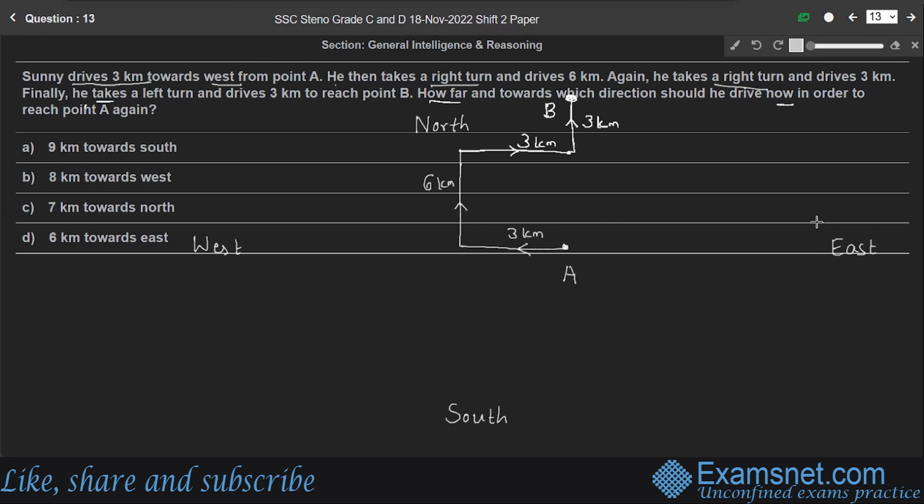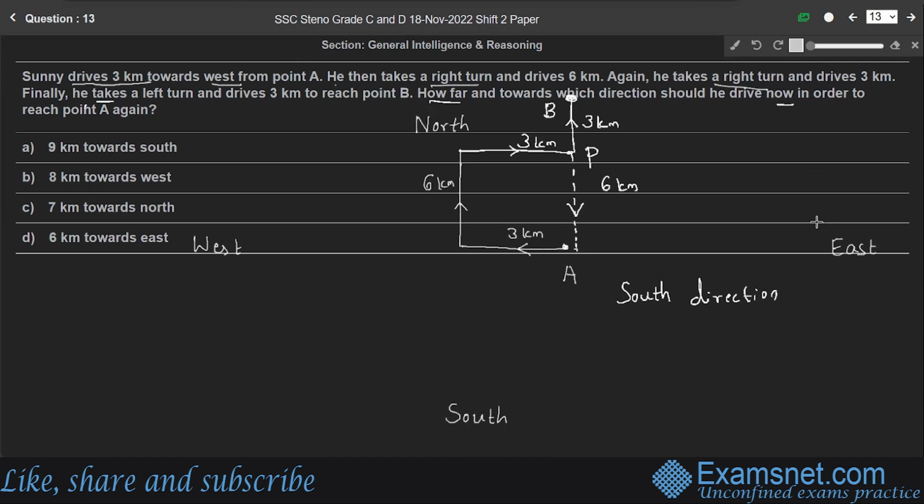So now he has to reach point A again, which means he has to come back to point A. In which direction he has to drive? In south direction. And how far? If you consider this point as P, from P to A the distance is 6 kilometers.